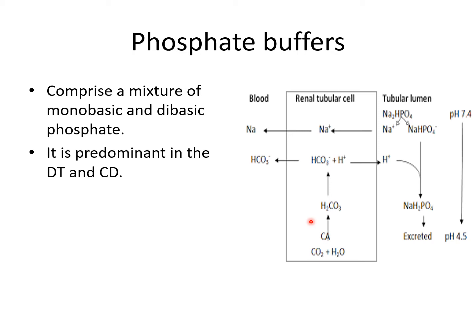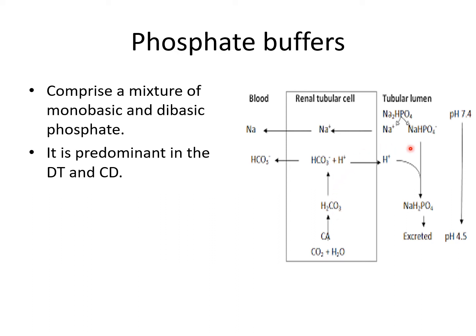So by the time the filtrate reaches the distal tubules, the concentration of phosphate increases because it is not easily reabsorbed in the proximal tubules. That is the reason why the phosphate buffers are predominant in the distal tubules or collecting duct.